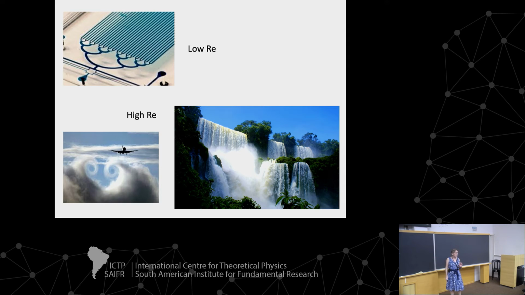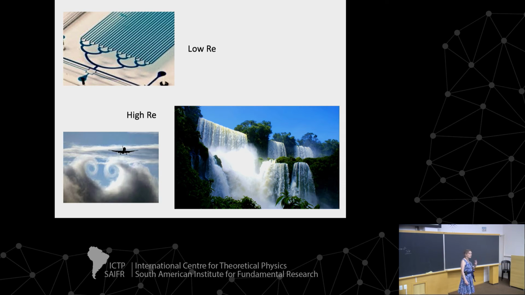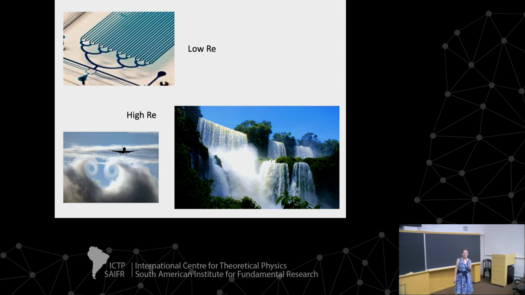If the Reynolds number is small, that's small velocities and small length scales, microscopic things, then everything's very calm, things flow through pipes in nice straight lines, and you have real trouble trying to mix things up.